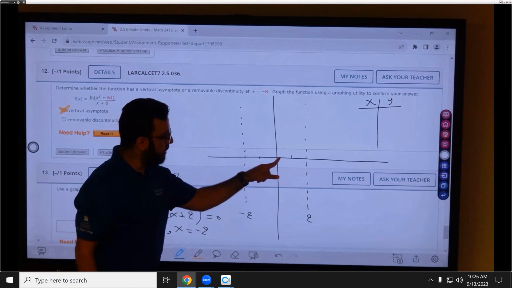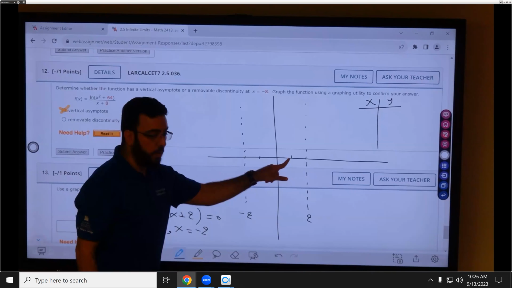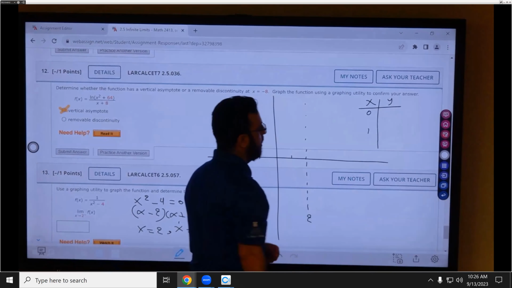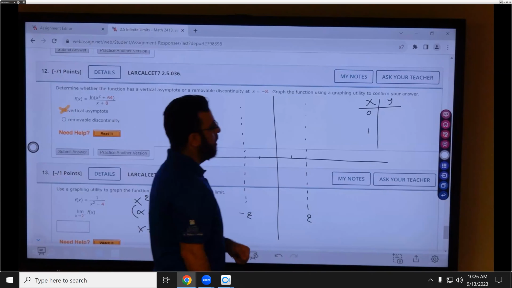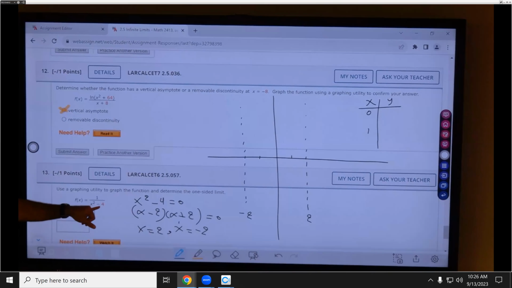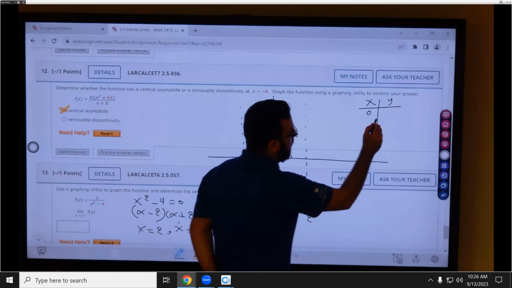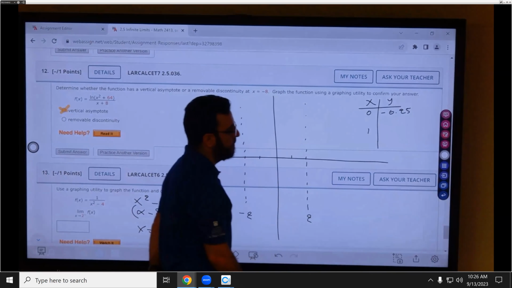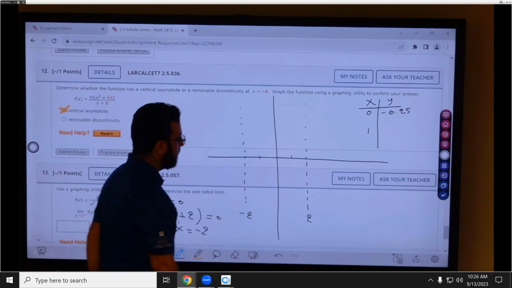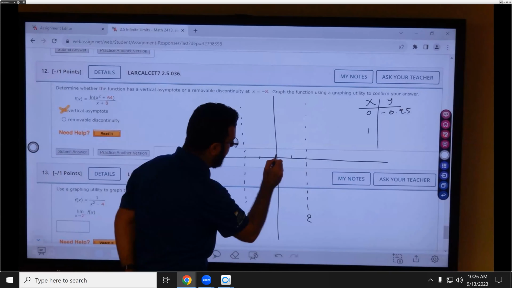I choose 0 and 1. So when x equals 0, 1 over 0 minus 4 is negative 1/4. That means negative 0.25.